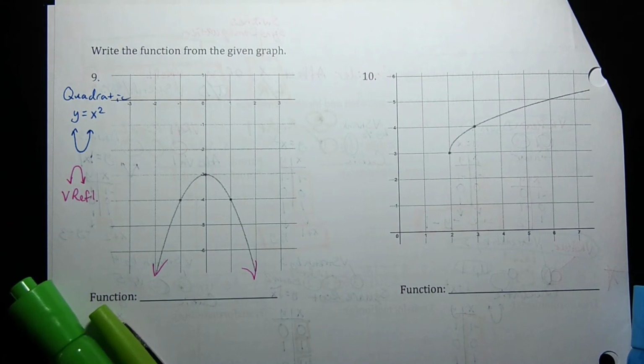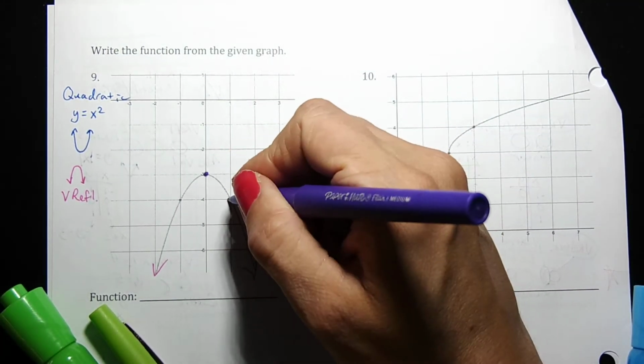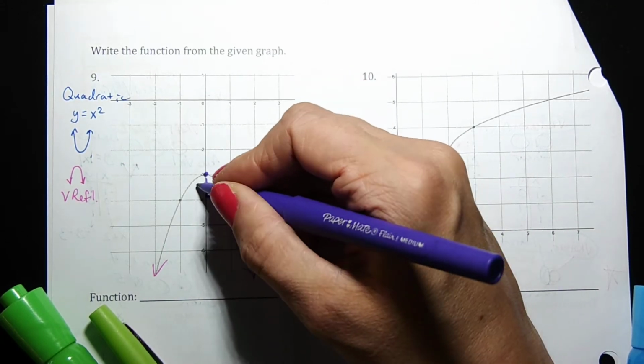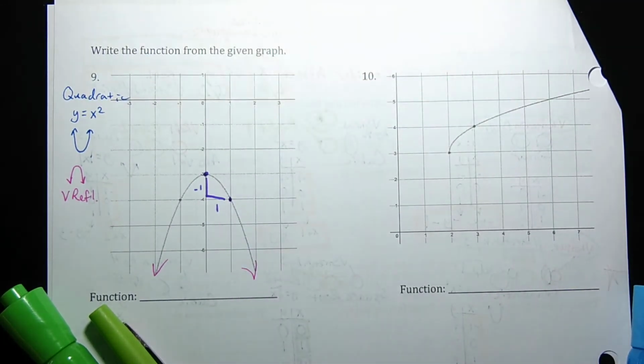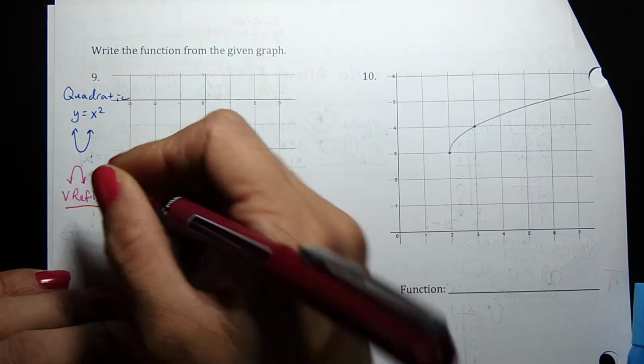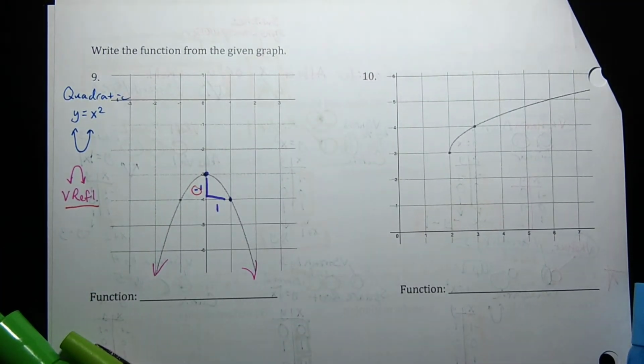Does it look like it has been stretched or shrunk at all? The slope, quote unquote, between my central point and the next point is down one, forward one. The negative simply indicates that there was a vertical reflection, so it hasn't been stretched or shrunk at all.